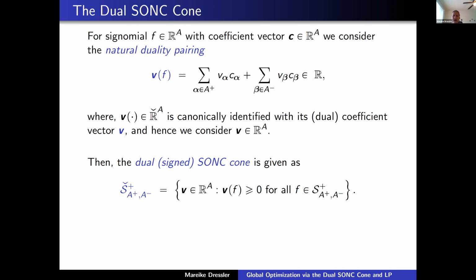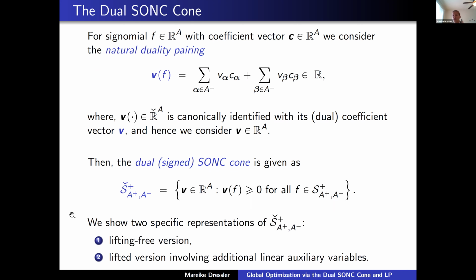But what we do now is we show specific representations of this cone. Namely, we show two different representations of this dual SONC cone. Namely, one is, so to say, lifting free, and one contains linear auxiliary variables.